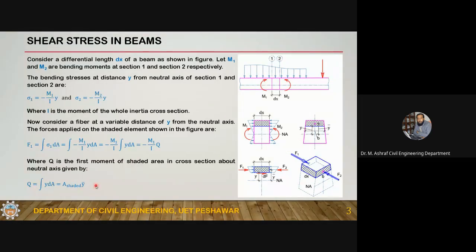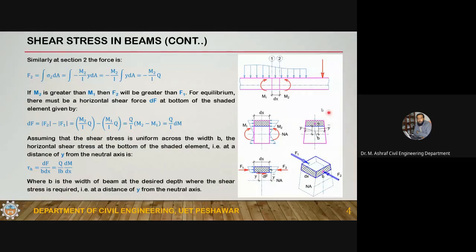It's easy for a rectangular section. For many areas the centroid is known to us, so the area is known and the centroid is known, and if you have a number of areas, then you can sum them up. Here we have just one area, so I'm not using the summation sign, but if you have a number of areas, then you can have a summation sign. So this is the first moment of area.